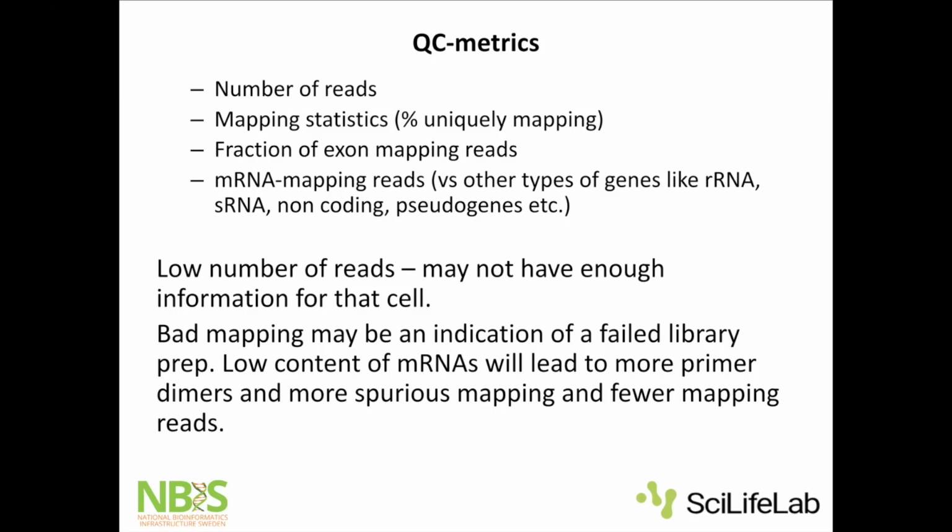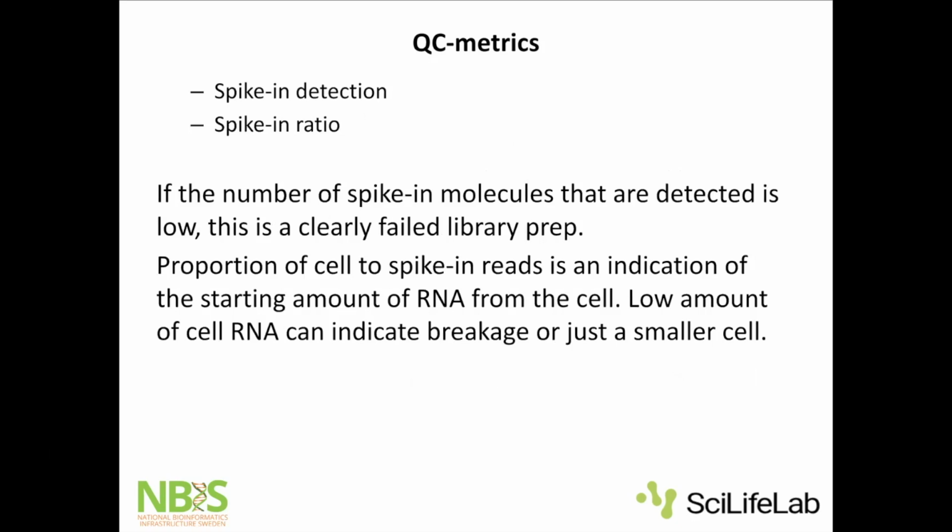Also, we'll have fewer mRNA mapping reads. So all of these together give more or less the same information. If we have spike-ins, we can also look at the proportion of the spike-ins that are detected, which tells us if it's a good library prep, and also the amount of RNA we had to start with, based on the ratio of spike-in to endogenous RNA.